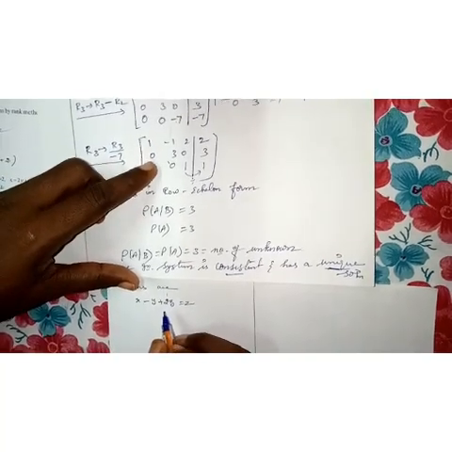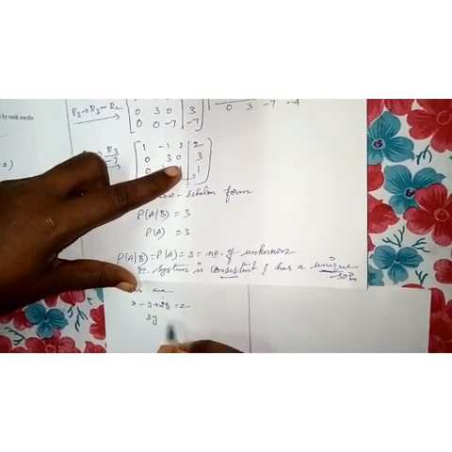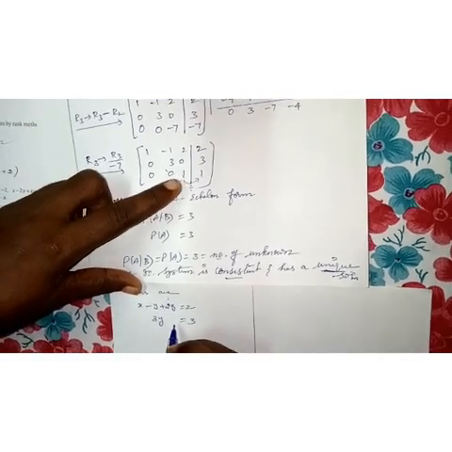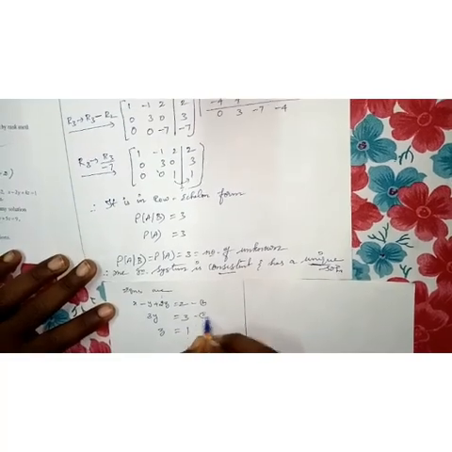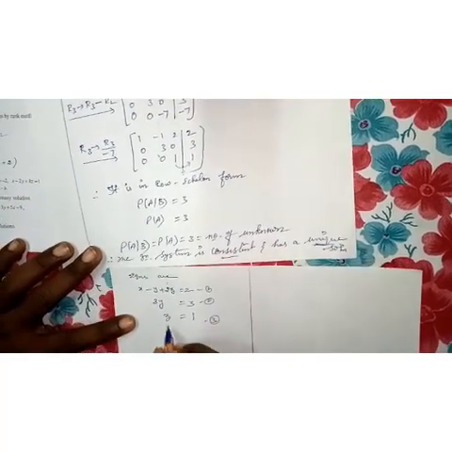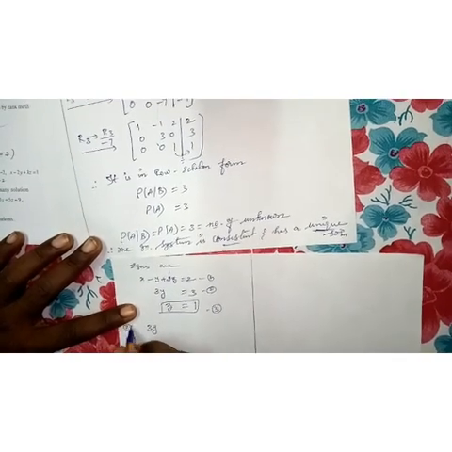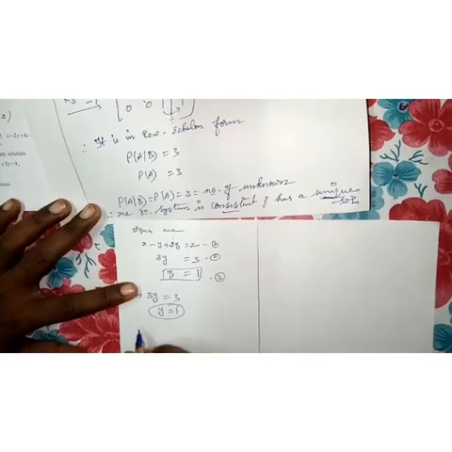Second row: x is 0, 3y, z also 0, equal to 3. Then third row: x 0, y 0, z equal to 1. This is 1, this is 2, this is 3. From the third equation, you know what z is. Then 3y equal to 3 from the second equation, so y equal to 1.